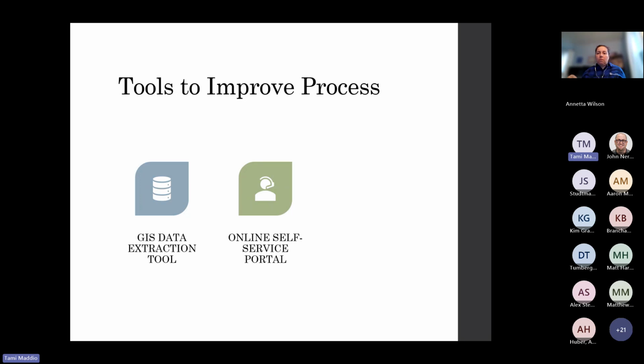It would possibly be great if we could have an online self-service portal, but there are some challenges with that, especially at the city level, having the ability to create something like that is a little bit tough. And then again, like I mentioned, maybe having some prepackaged data sets that are just available to save some time for things that are requested often.